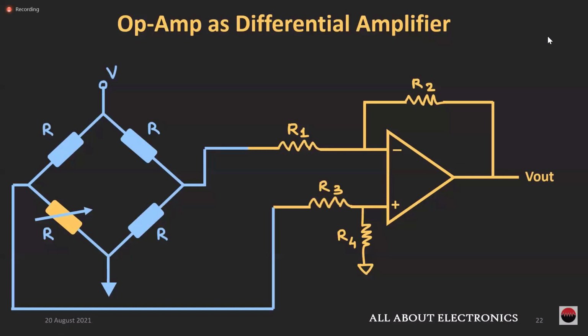If we allow only one input, either at R1 or R3, it can be called as a normal operational amplifier. But if we allow two inputs, one at R1 and another at R3, it is called as differential amplifier.